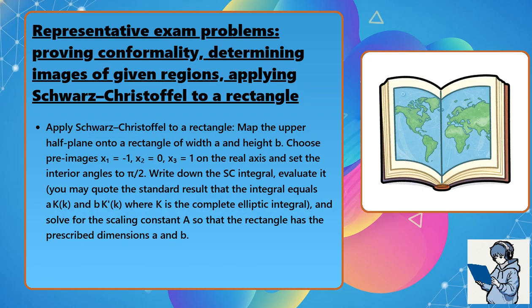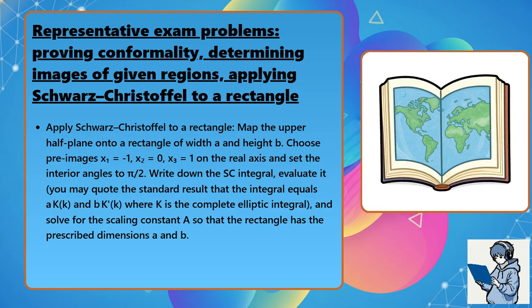Apply Schwarz-Christoffel to a rectangle. Map the upper half plane onto a rectangle of width a and height b. Choose preimages x sub 1 equals -1, x sub 2 equals 0, x sub 3 equals 1 on the real axis and set the interior angles to pi over 2. Write down the Schwarz-Christoffel integral and evaluate it.